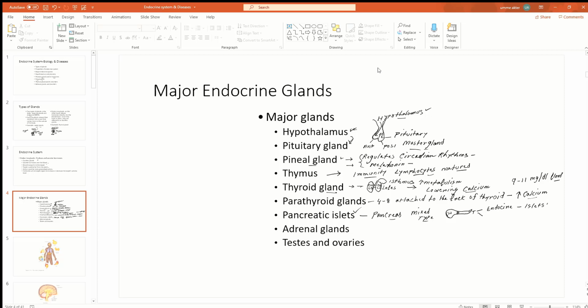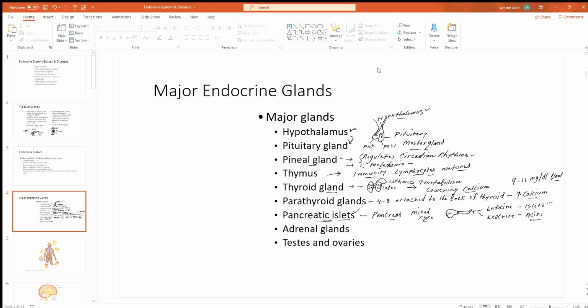Since we are talking about the endocrine glands, that's why you see here pancreatic islets, which is the endocrine part. Just know that it has exocrine gland part too, and that is called acini, pancreatic acini. So pancreatic islets is the endocrine, pancreatic acini is the exocrine.